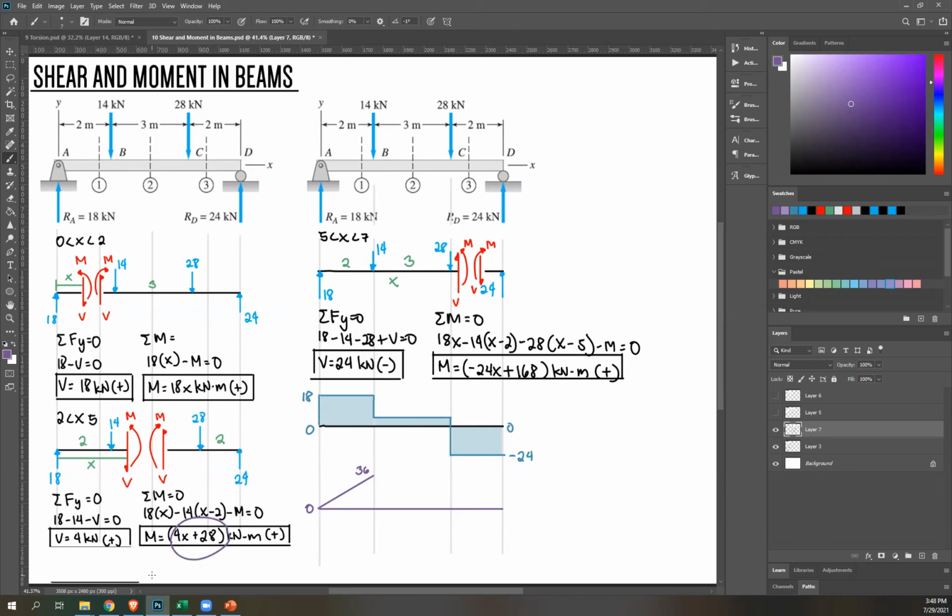Next, we have 4x plus 28. So that's another line. And then to get the value on this point, because I need to connect that, just sub in the value for x here, which is 3 plus 2. So that's 5. So what's 4 times 5 plus 28? Anyone? What's 4 times 5 plus 28? Because we're going to sub 5 into this equation.